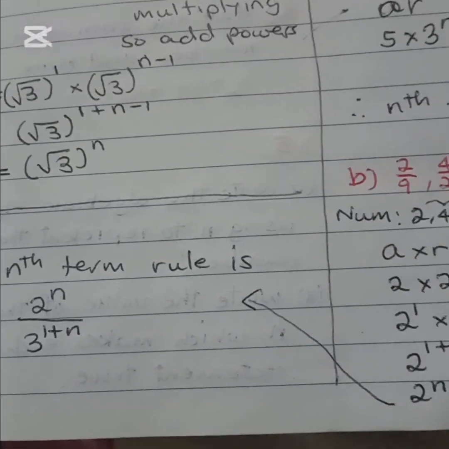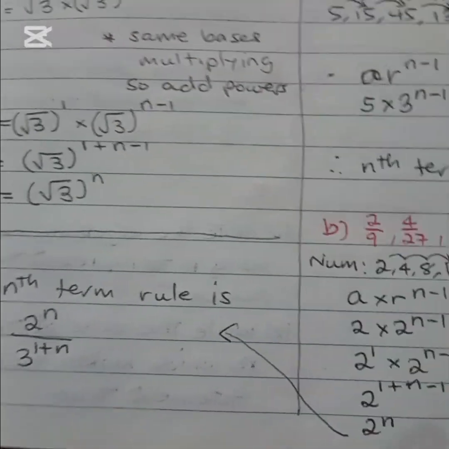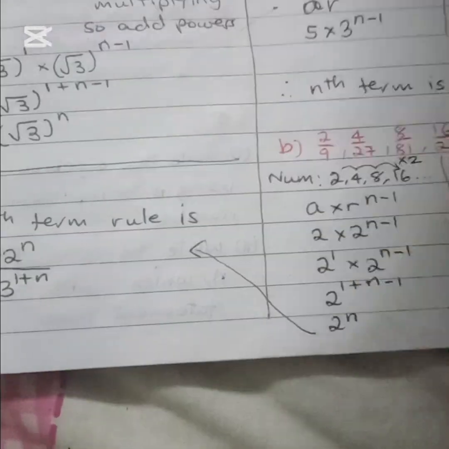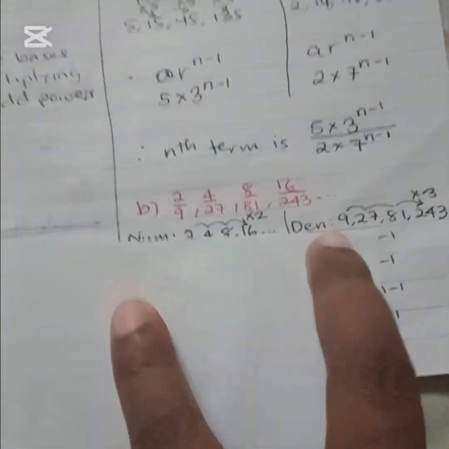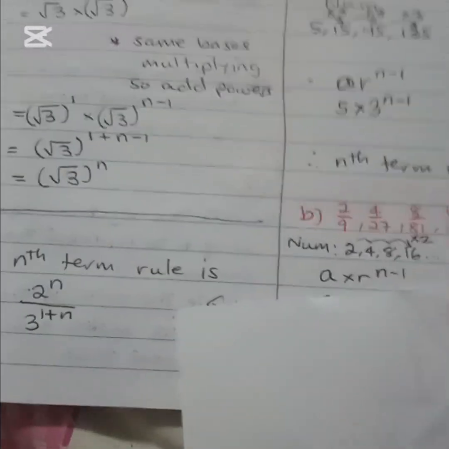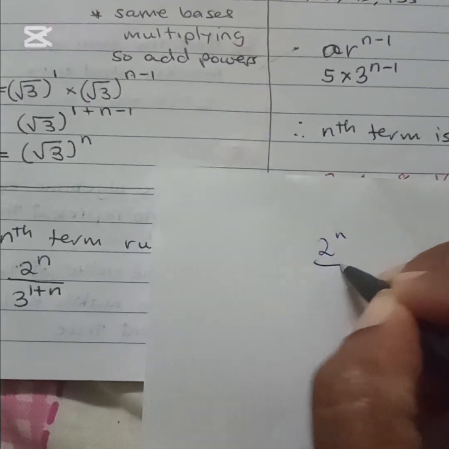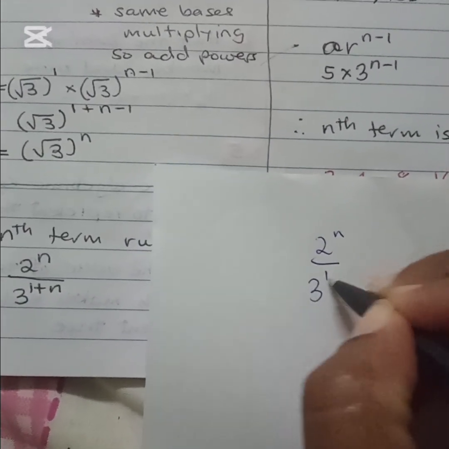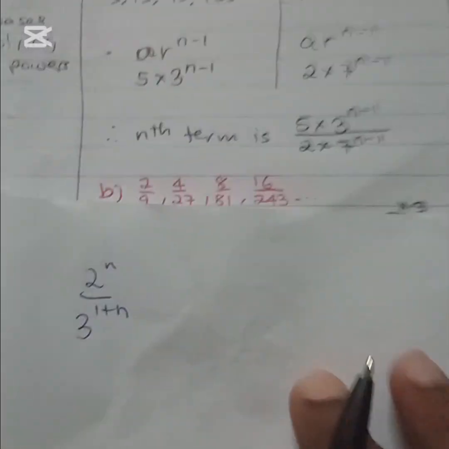And you can always prove all your rules by checking if these rules work for the terms that are already there in the sequence. Let's see. So we see our rule is 2 to the power n over 3 to the power 1 plus n. Okay, confirming.